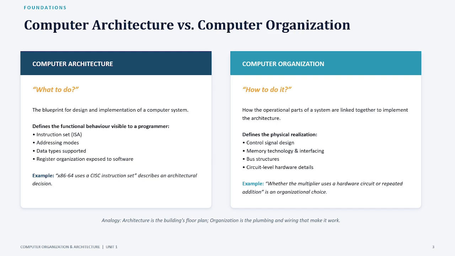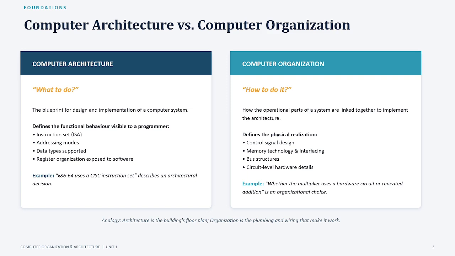Next, we'll see what is the difference between computer architecture and computer organization. Computer architecture is the blueprint for design and implementation of a computer system, while computer organization is how the operational parts of a system are linked together to implement the architecture. So in computer architecture, it defines the functional behavior visible to a programmer.